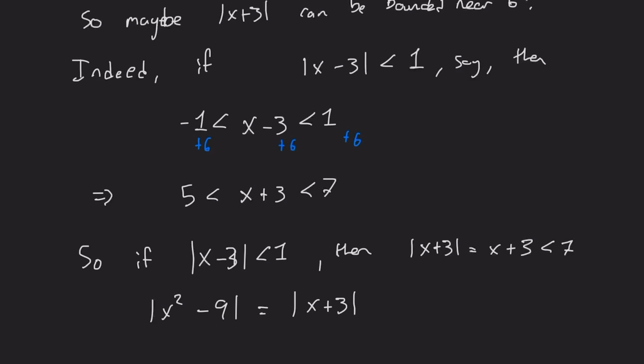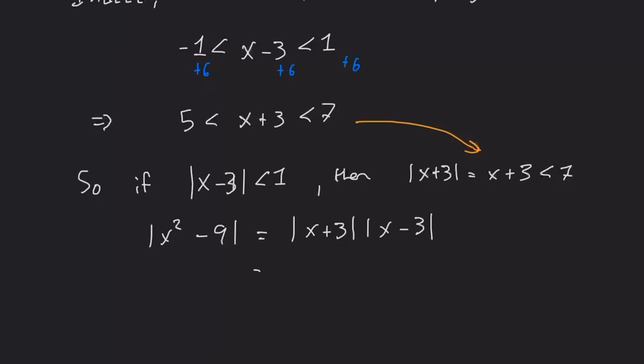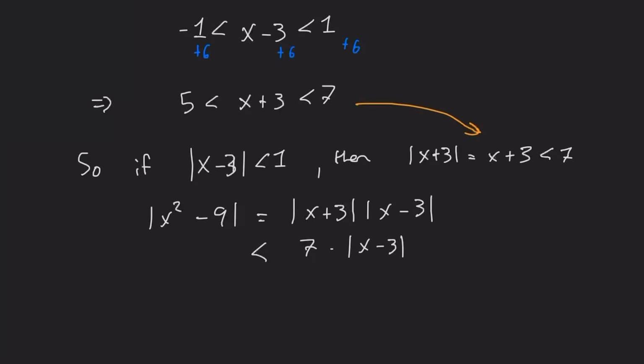And that's less than 7 from what we just showed. So we can go back to our factoring, x plus 3 times x minus 3, but that's going to be less than 7 times the absolute value of x minus 3, because that x plus 3 term is less than 7, of course.